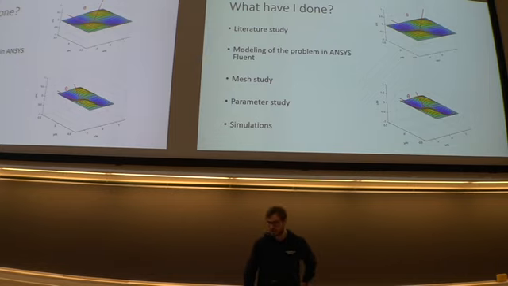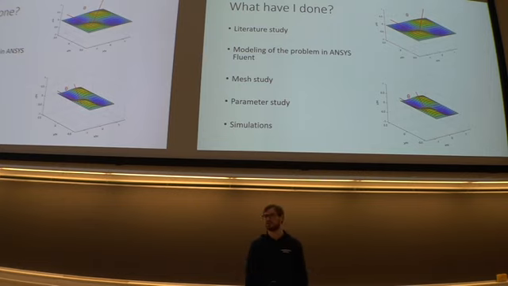I've done a parameter study where I've altered the two parameters that I have considered the most important, which are the Reynolds number and the angle of the undulating pattern, which I've tried to illustrate in this figure. When you change the angle, you basically stretch the domain.